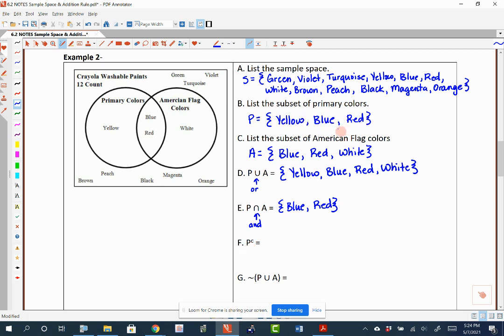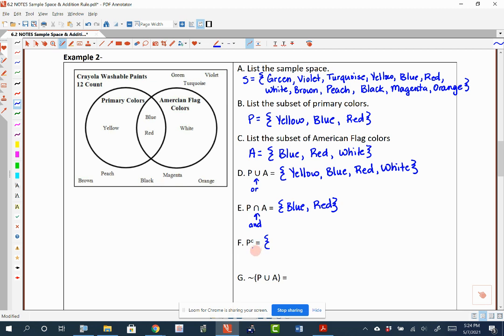So everything that's not a primary color. So again, this list is going to be a little bit long. So our primary colors are yellow, blue, and red. So we need to list everything that was American flag except for the blue and red. So that would just be white. And all of these that are outside that weren't part of those two smaller subsets.